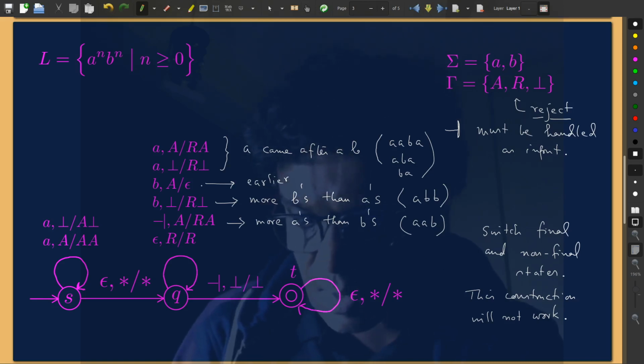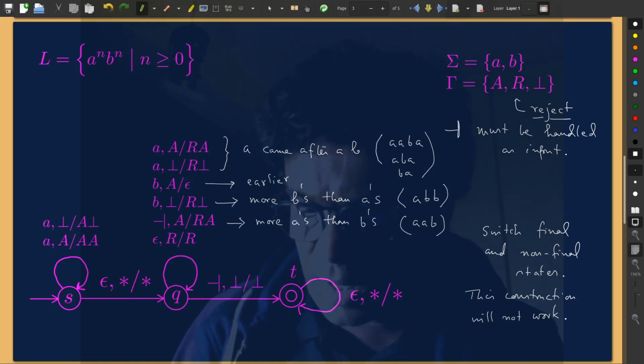Okay. Here you can see if you have a situation like this, AABA, let's say, stack contains A, then one A is consumed by this B, then another A comes. Okay. So in that case, the machine simply pushes this reject symbol to the top of the stack and then keeps on looping. Okay. So this is not processed.